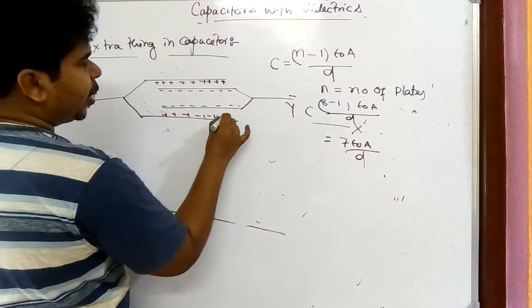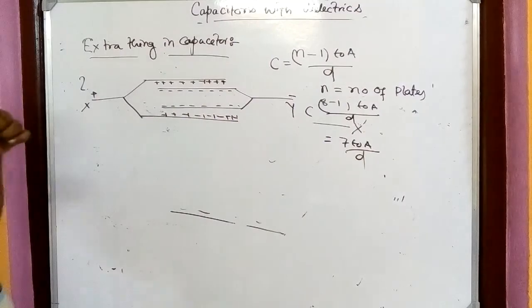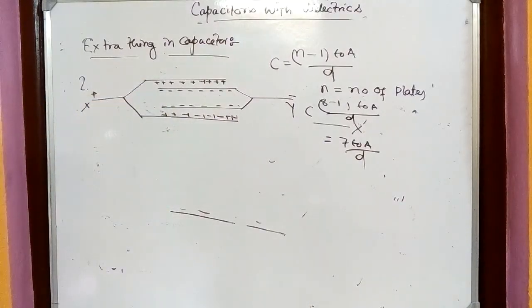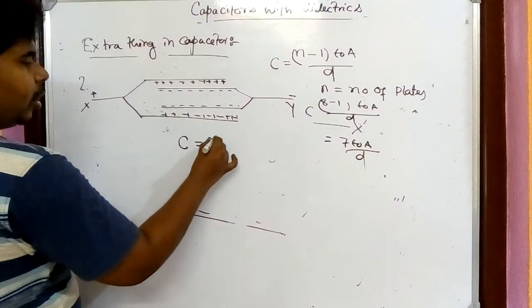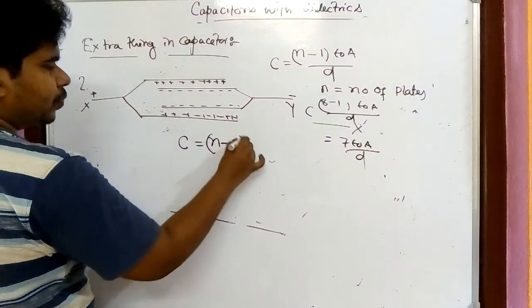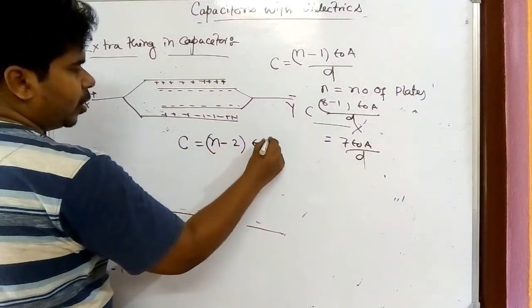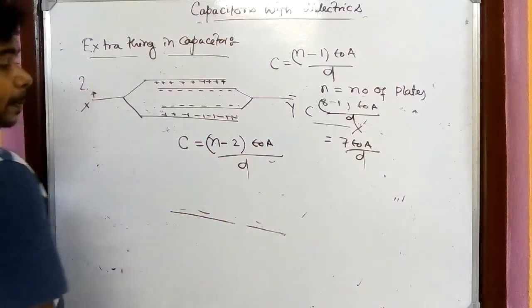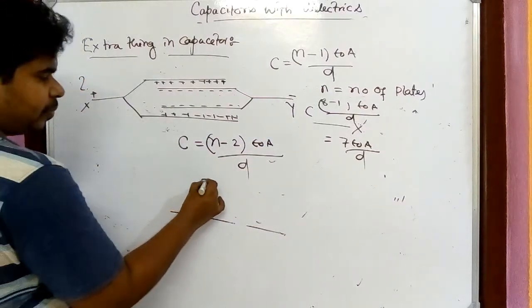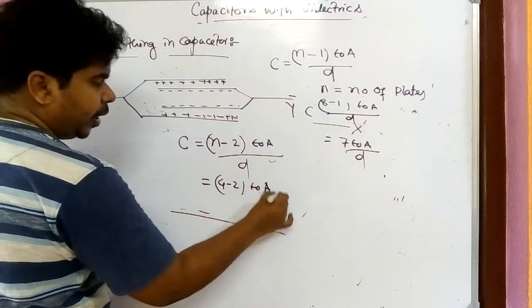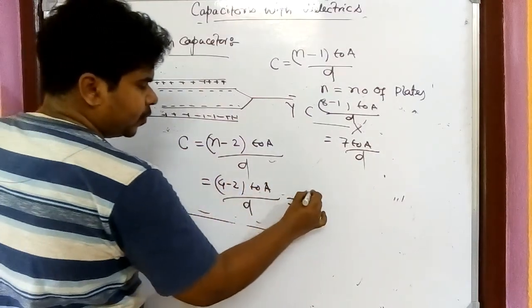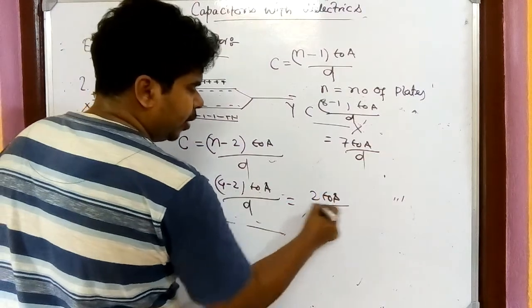If this type of arrangement is done, you see how many plates are there? 4. Here the capacitance C will be n minus 2 epsilon naught A by D, and for this case it is 4 minus 2 epsilon naught A by D. This is 2 epsilon naught A by D.